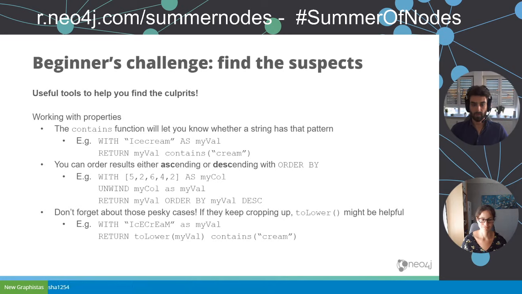My val is the property you're returning, and then you order it by the value of the property in descending order by adding DESC at the end. You could also add an ASC at the end, and then it would be in ascending order. So depending on what you think is most relevant or interesting for you, you can order that. And I think that's a good hint for one of the queries you will have to write.